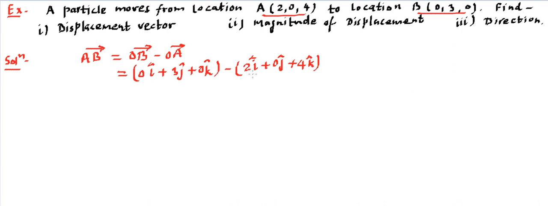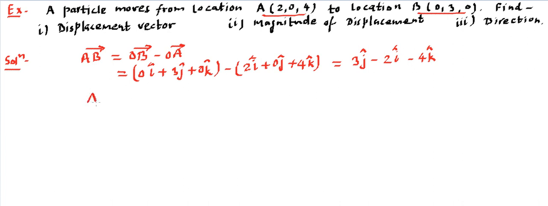I have written 0 just to illustrate that this is how the position vector is written, but later on we can drop them. So this will be equal to, the first term is simply 3 j cap, and from the second we are going to get 2 i cap with a minus sign, and minus 4 k cap.